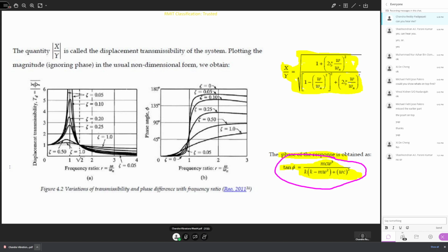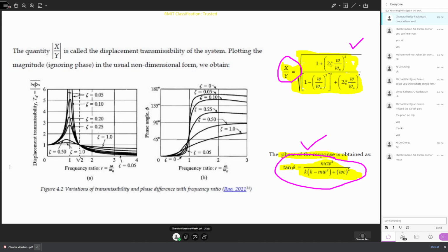Okay, so when we are talking about the base movement, and how displacement variations in the movement of the base cause a damped forced vibration, the amplitude ratio can be written like this, and the phase of the response can be written like this.